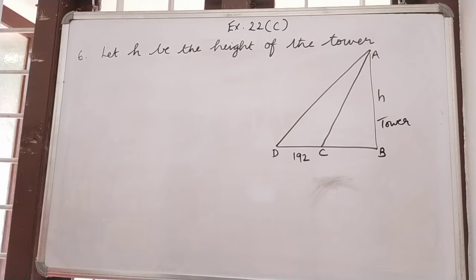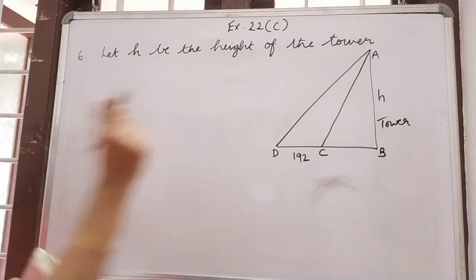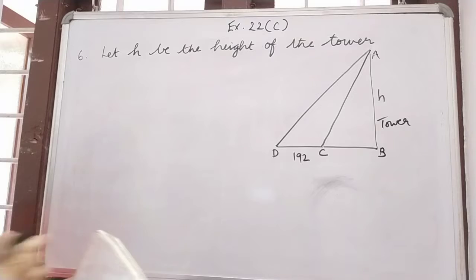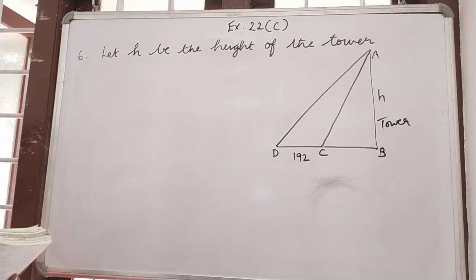So here we have to consider two triangles. Which are the two triangles? Triangle ADB and ACB. So what are the two things given? At a point on the level ground, the angle of elevation of the vertical tower is found to be such that the tangent is 5 by 12.